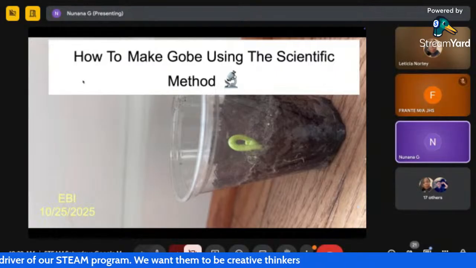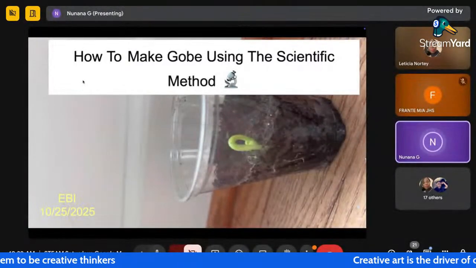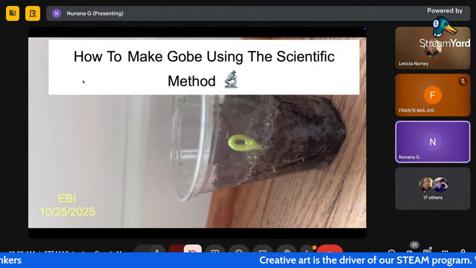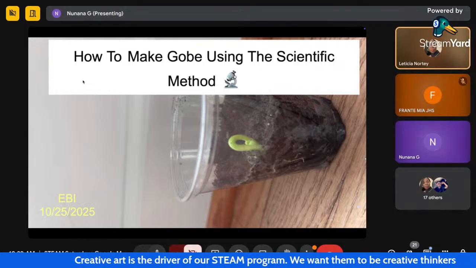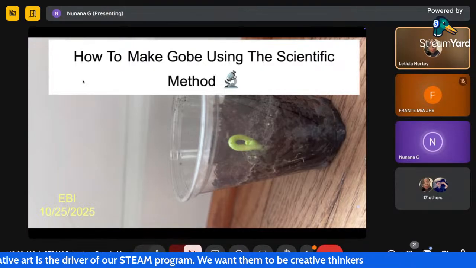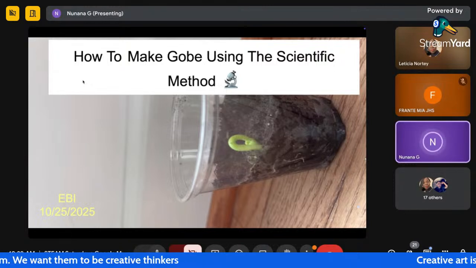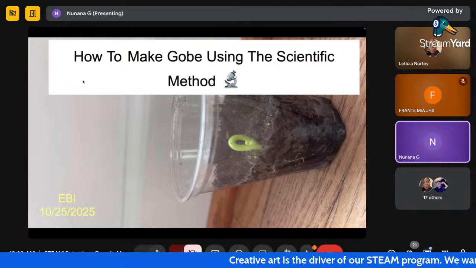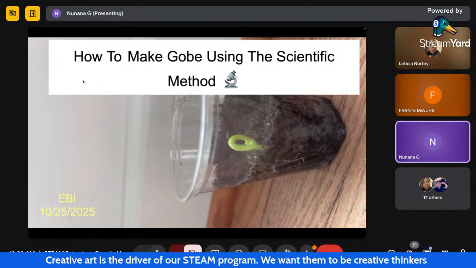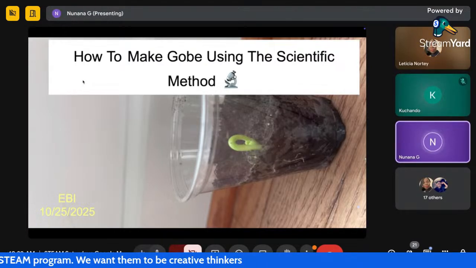That is a scientific method. You are asking questions on how to make something to get something. How to make gobe? The first question we ask is, what kind of beans do we need to make gobe? True or false? True. Okay.